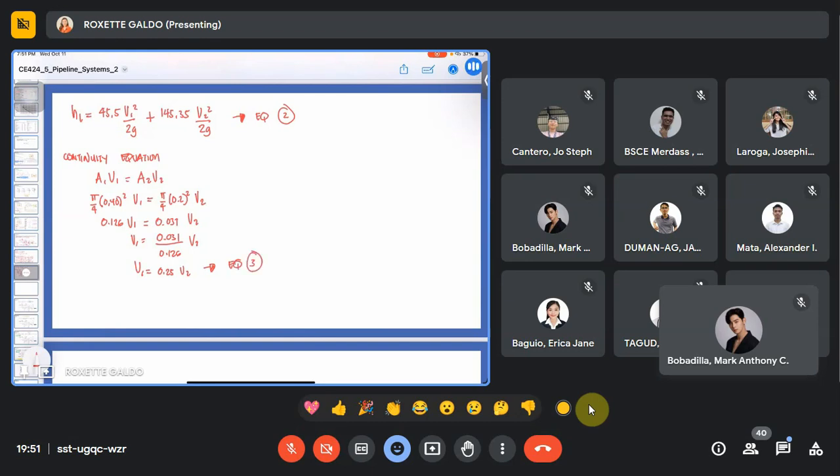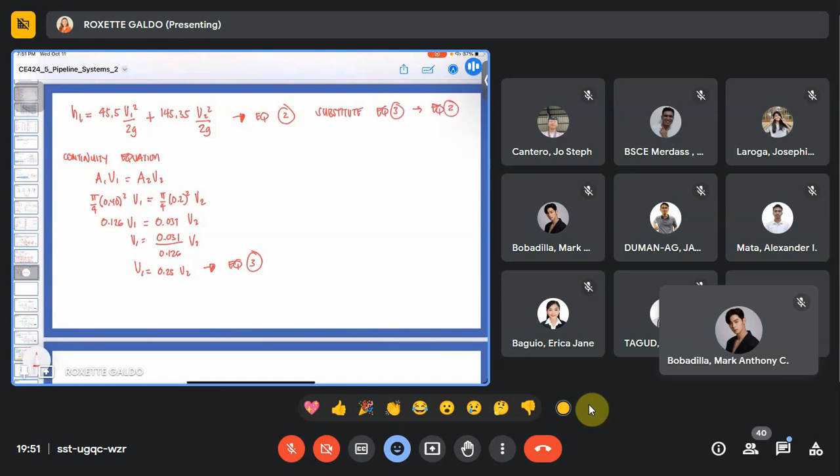Now equation 2 and equation 3 both contain V1 and V2, so we can substitute equation 3 into equation 2.